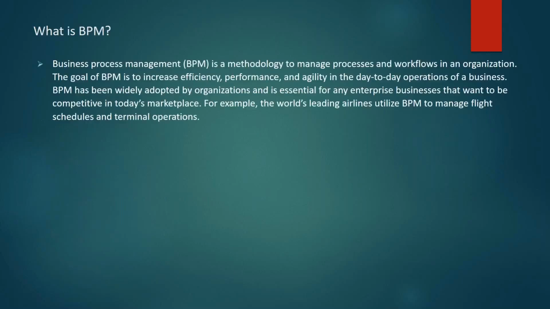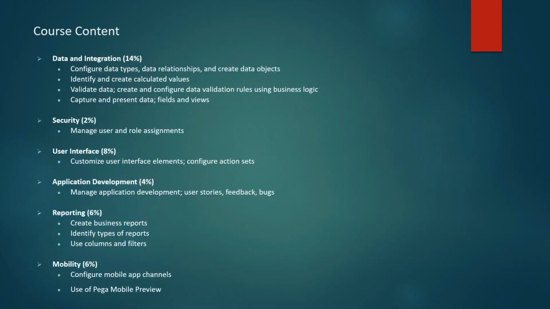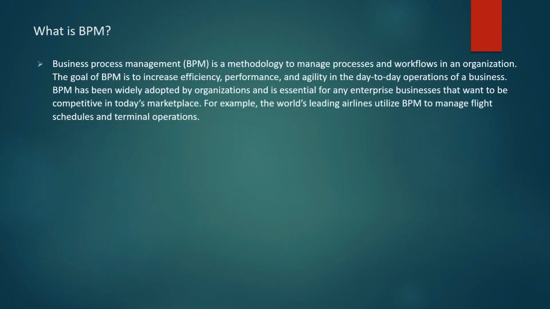So now, as I was mentioning, just to give you a few highlights, today I won't be entering into the details of these modules, but just to give you a highlight of what BPM is and what Pega is. I have already discussed it, but let's look into it one more time. So business process management, or BPM, is a methodology to manage processes and workflows in an organization. It basically helps to automate the work that is necessary to achieve a specific outcome.